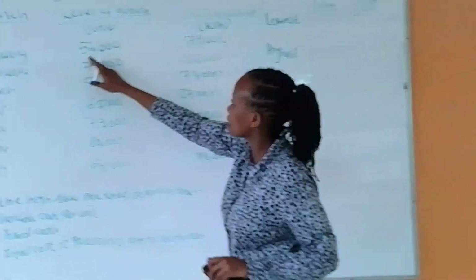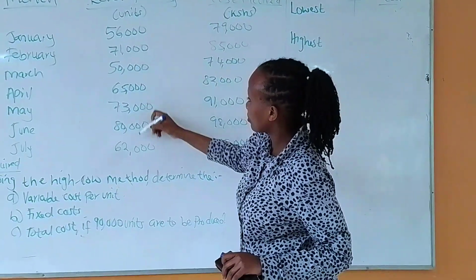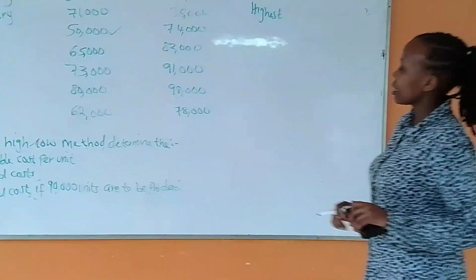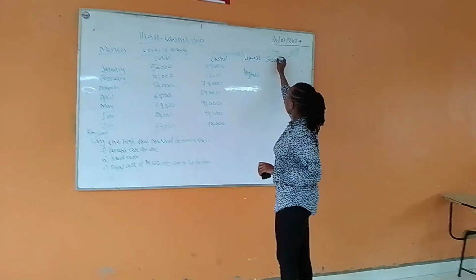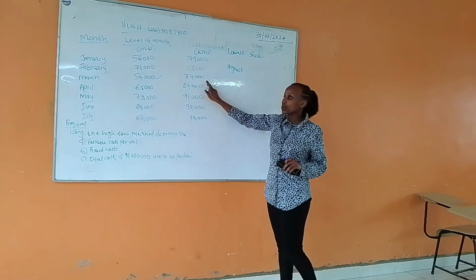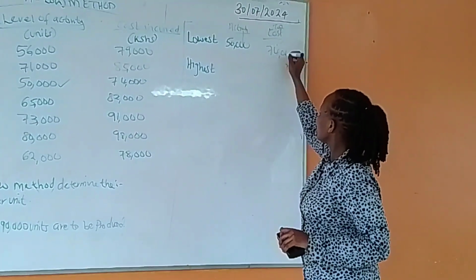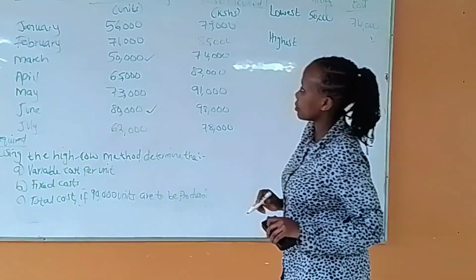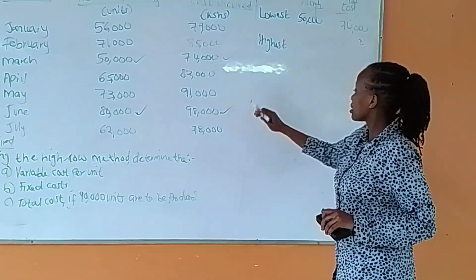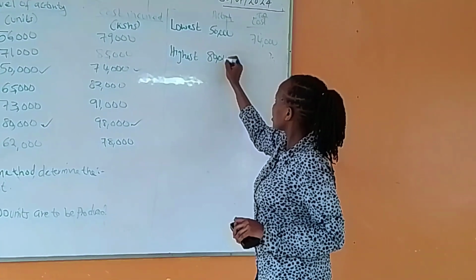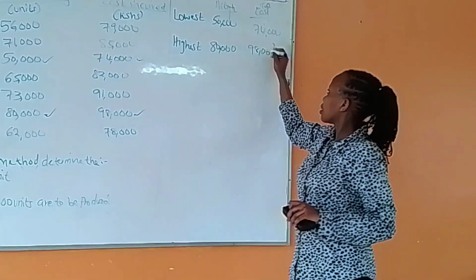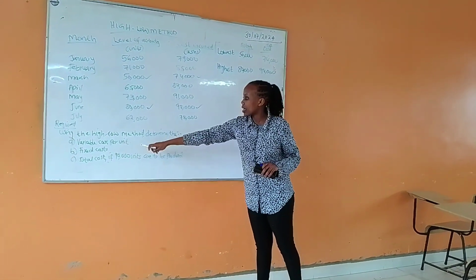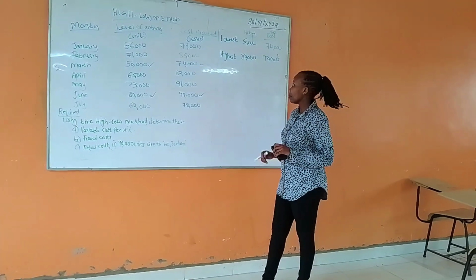In this case, the lowest is 50,000, with its corresponding cost, 74,000. Then you take the highest, which is 80,000, together with its corresponding cost, 98,000.